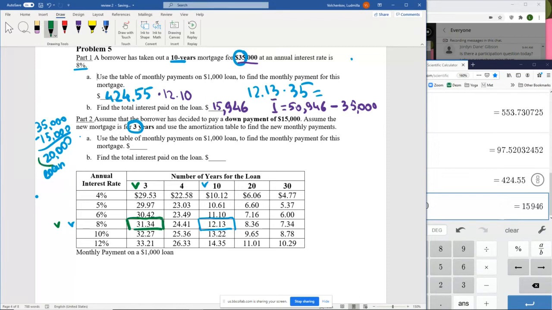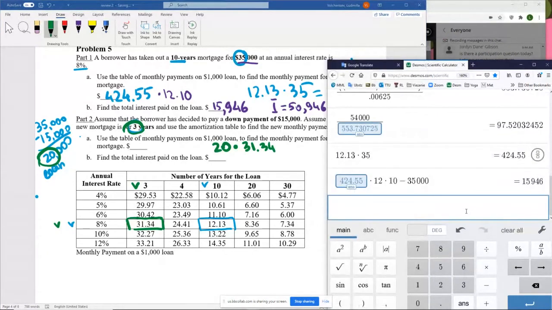We take the loan for 20,000. We multiply 20 by the regular payment for 1,000, 31.34. So 3 years. Okay, we do the same steps.